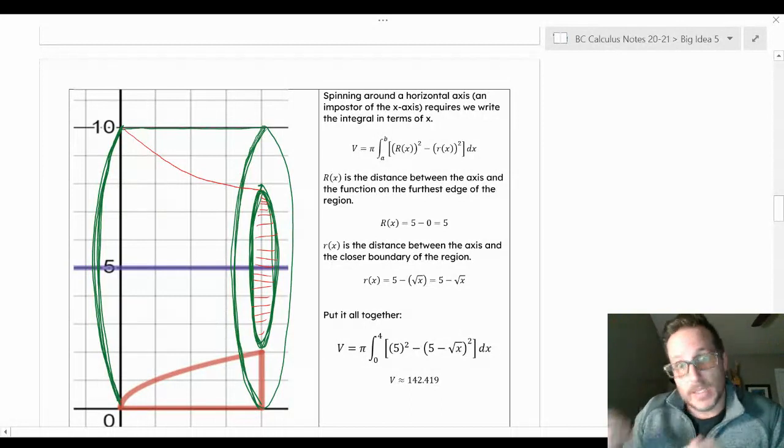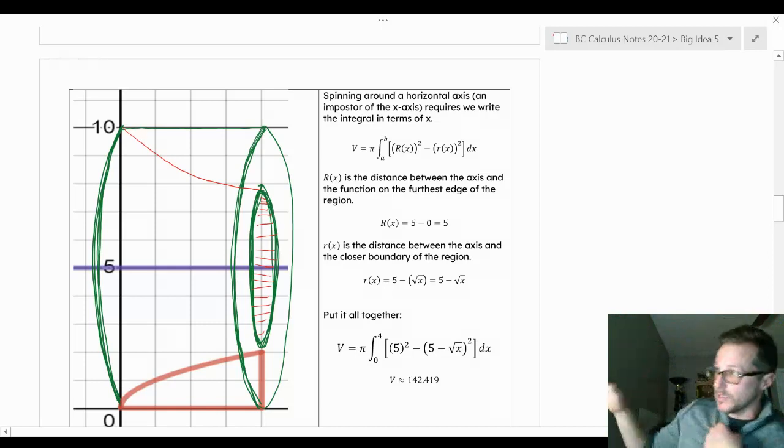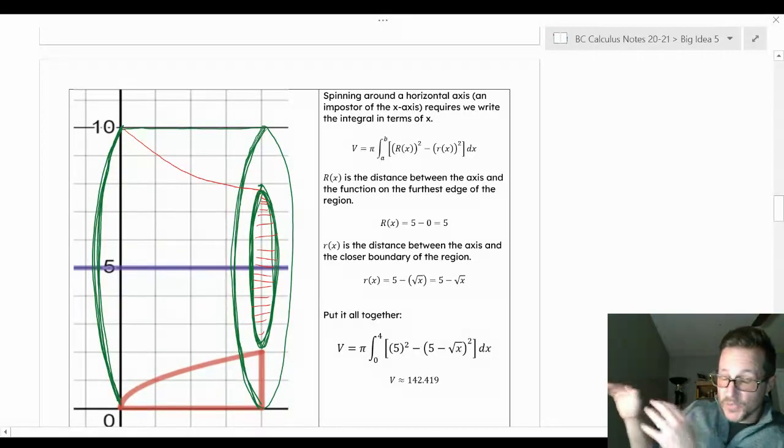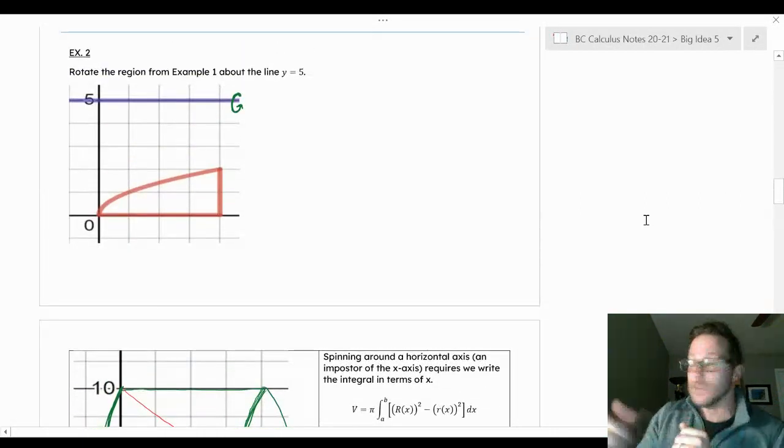So pi times the integral of big radius squared minus little radius squared. We just have to determine the lengths of big radius and small radius. So big radius, that's the distance from the center of rotation, always from the center to the piece that's furthest away. Now the piece that's furthest away, look at the picture up there.